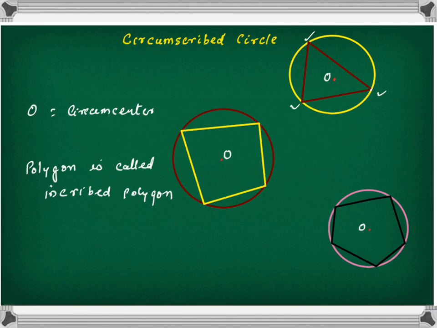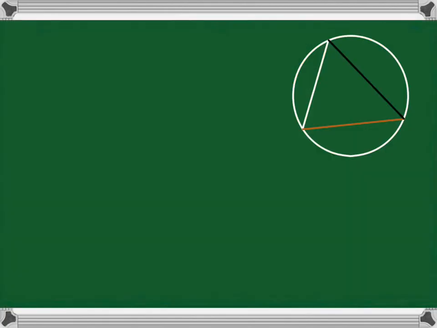Okay, so these are the important points we need to remember. So now we will talk about the inscribed circle. Similar to how we understood the circumscribed circle, now we will study the inscribed circle. So what is called the inscribed circle?